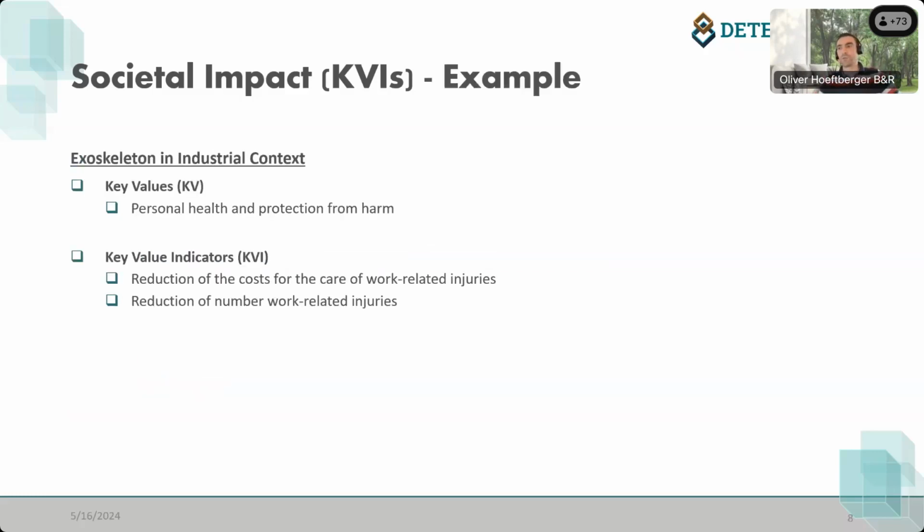One example could be, and this is the last slide, in the exoskeleton use case, there is, of course, the health improvement, the health protection of people in factory environments, for instance. And here we could define the reduction of healthcare costs or the number of injuries in such situations as the KPIs that could be automatically optimized by the system.